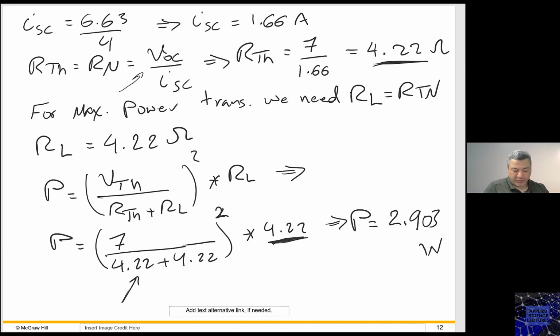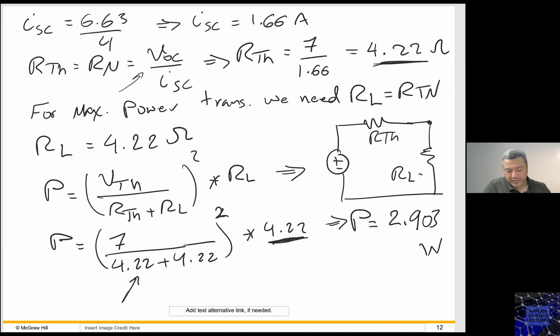So where did we get this one from? Before you leave, this is going to be now V Thevenin. This is going to be R Thevenin, and the load is going to be R Thevenin. So here V Thevenin is the V open circuit, which is the 7 volt.